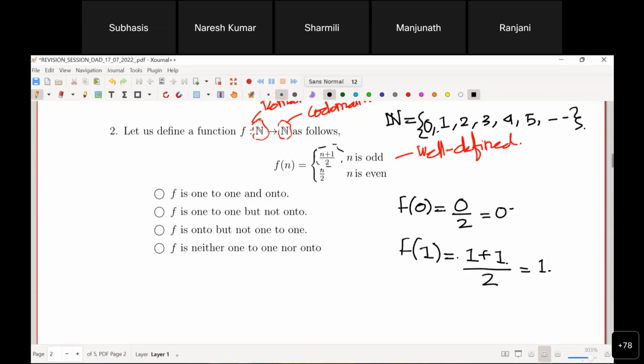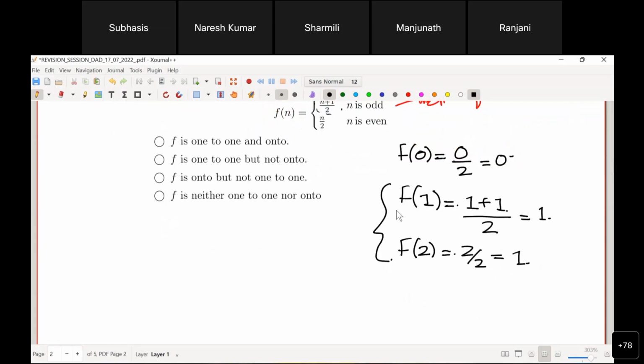Okay, so the next thing is f of 2, which is 2 by 2, which is 1, right? So now using these two pieces of information, I can say that my map is not 1-1, right?